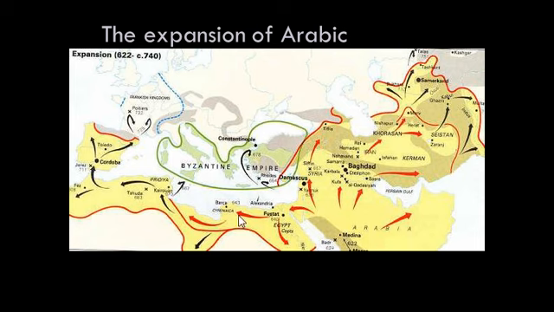It pushed into all of northern Africa, so that today just about everyone who lives in northern Africa speaks Arabic. It also pushed into what we today call the Middle East, Iraq and Jordan and Syria, and so on. The question becomes, why?